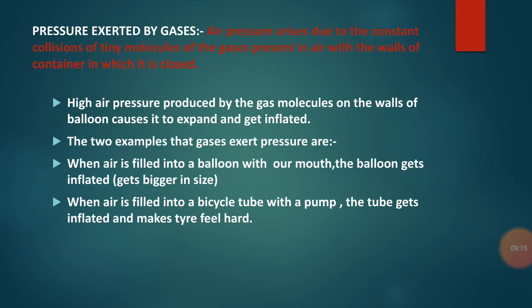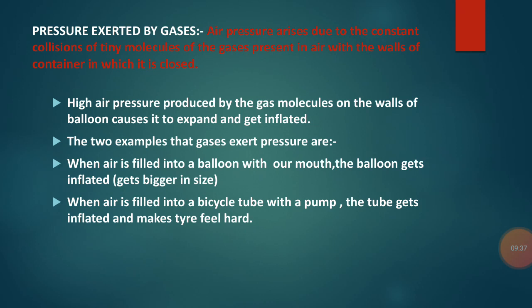When these fast moving gas molecules collide with the walls of their container, they exert a force on the walls of the container, and this force produces the gas pressure.